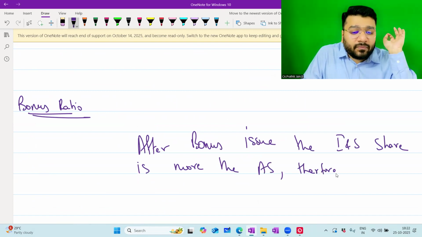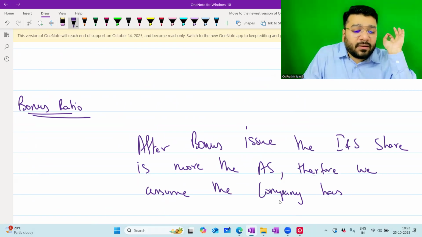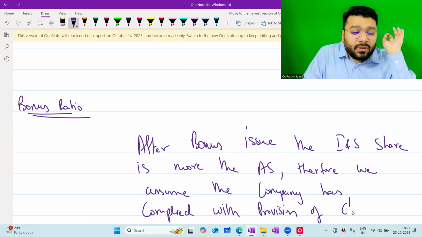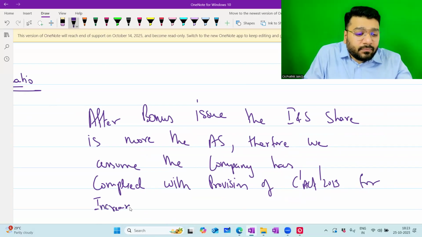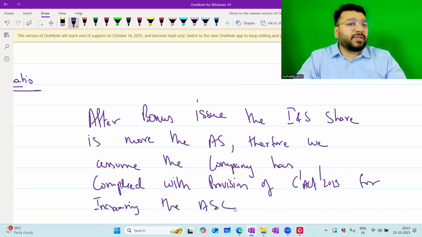Therefore, we assume the company has complied with the provisions of Companies Act 2013 for increasing the authorized share capital. What are we trying to say?